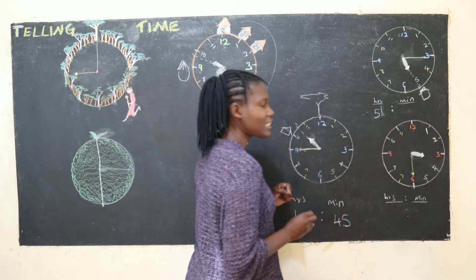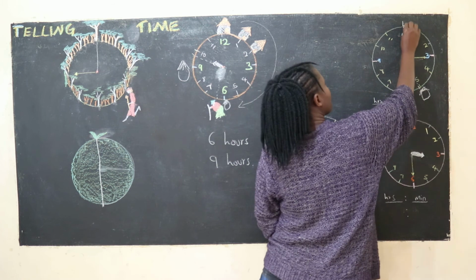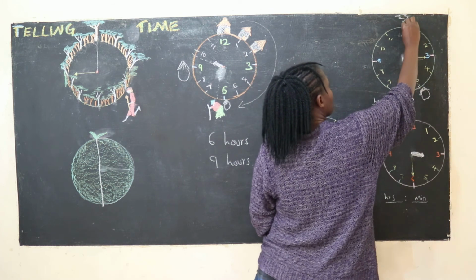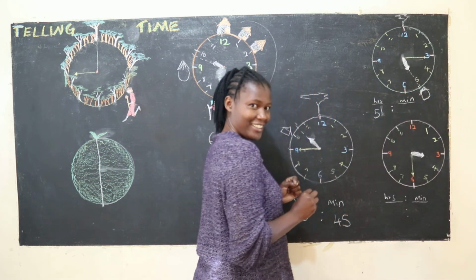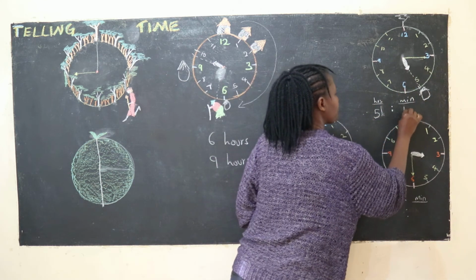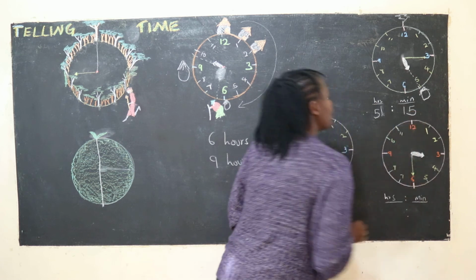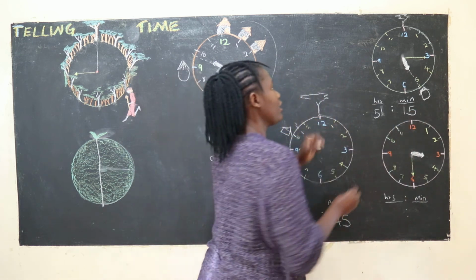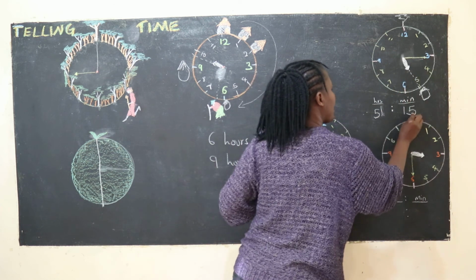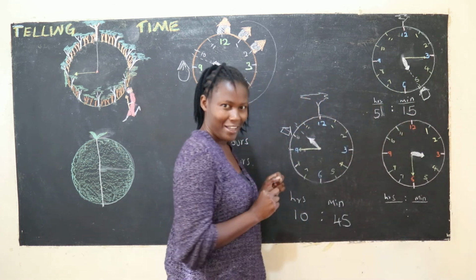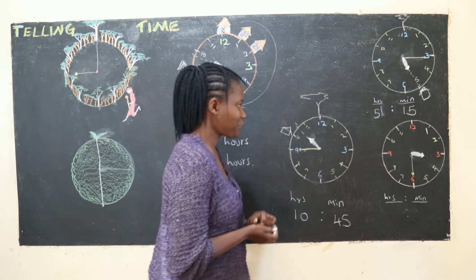And how many minutes? Let's see the Moran. He had started from this point. So he ran 5 minutes, 10, 15. And so it is 15 minutes. Or you can say, from the image of the orange, you can say it is 5:15. As simple as that.